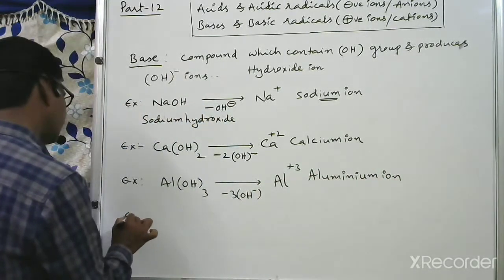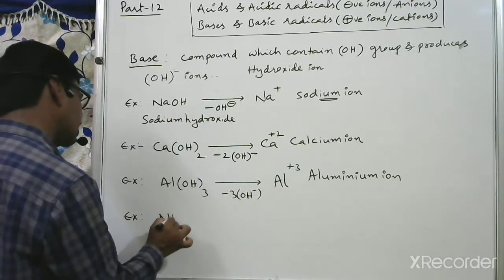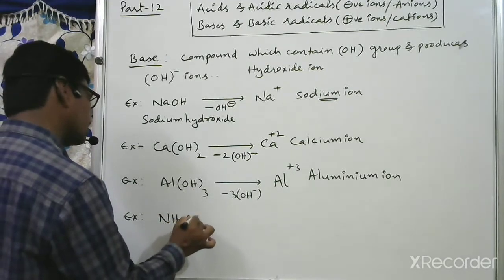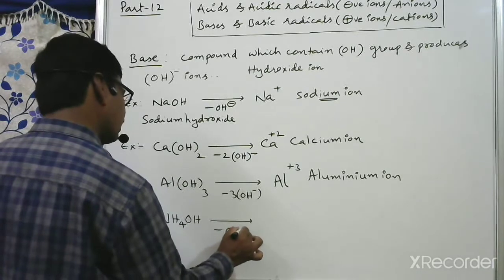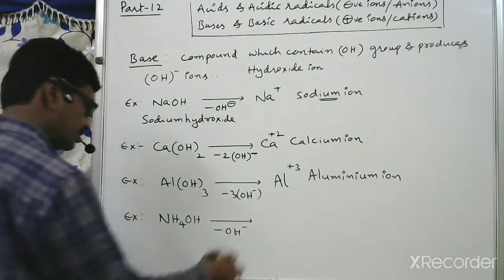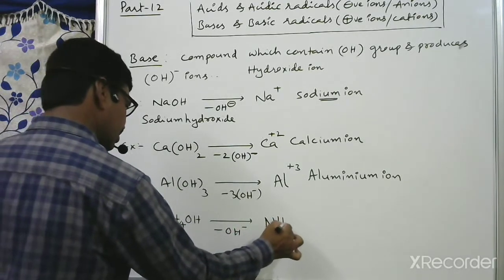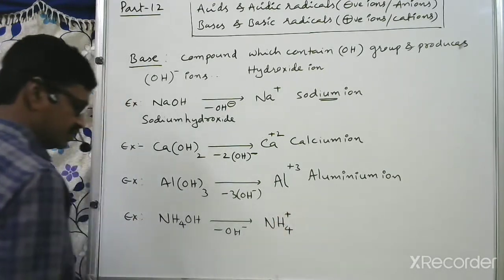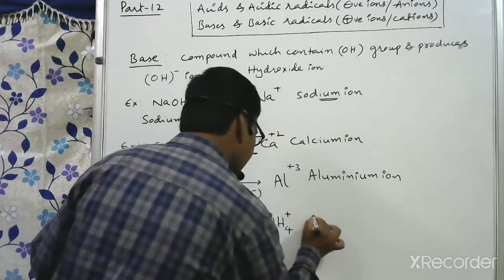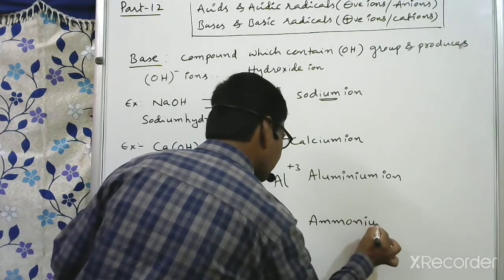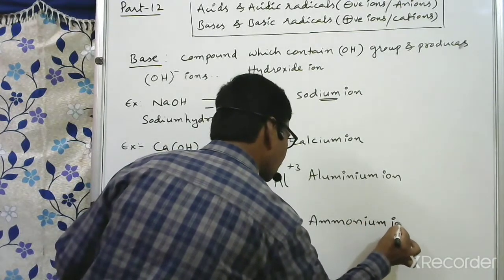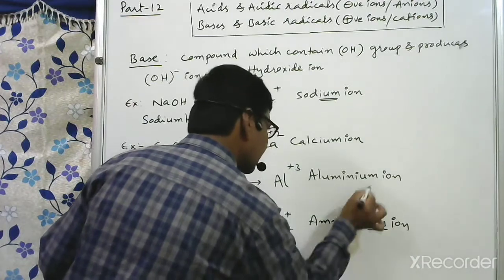Similarly, here we have ammonium hydroxide, NH4OH. If we remove one OH minus ion from this, the remaining is NH4 plus ion, which is called ammonium ion. All positively charged ions end in ium.